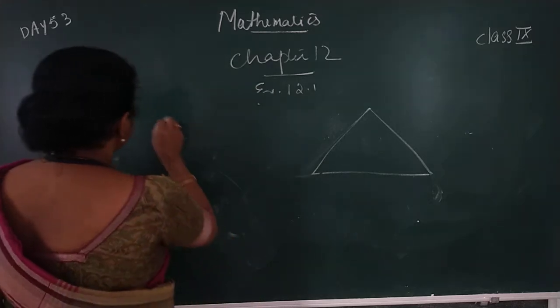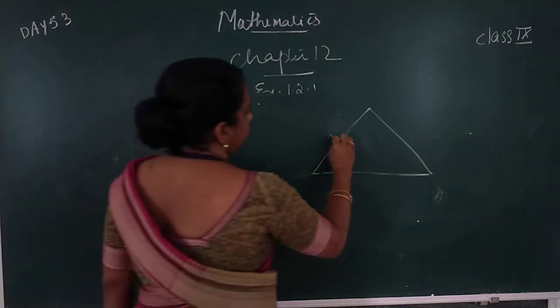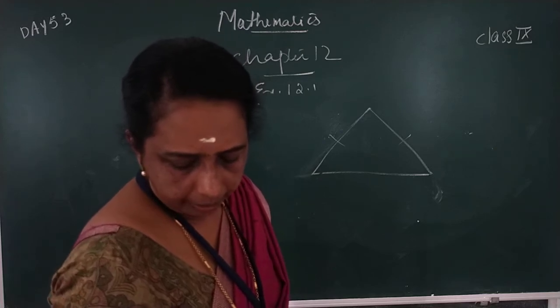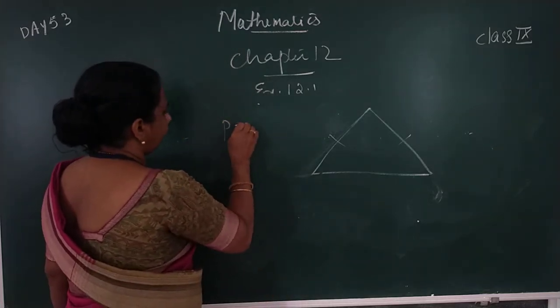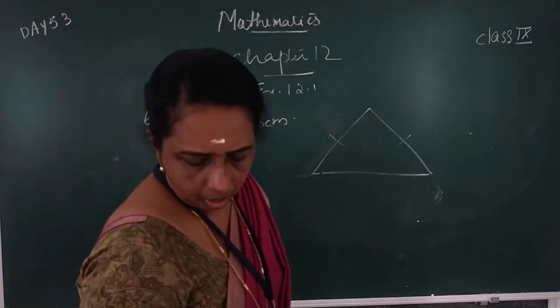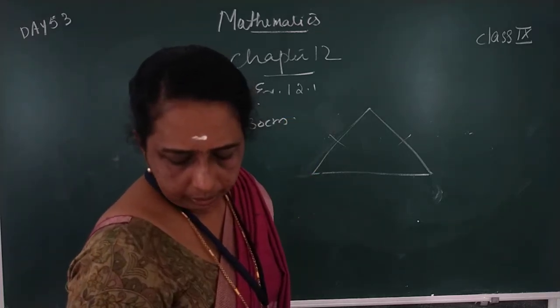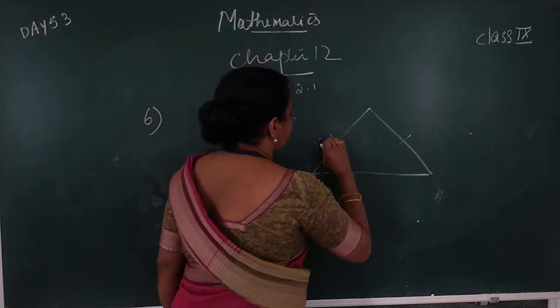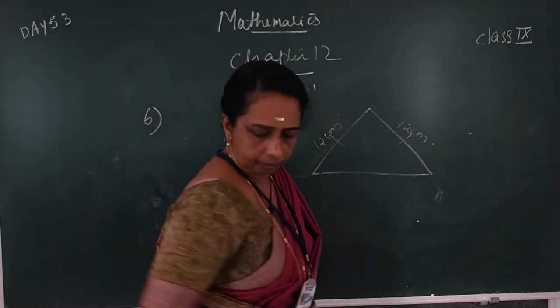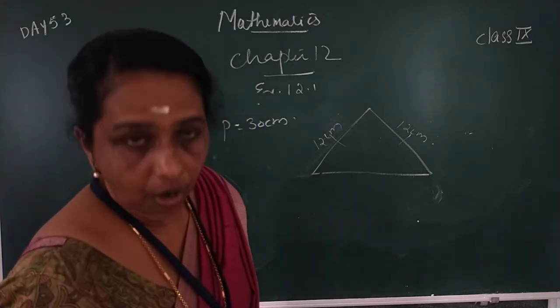Question number 6. An isosceles triangle has perimeter 30 centimeter and each of the equal sides is 12 centimeter. These two sides are equal and these two sides are 12 centimeter. Find the area of the triangle.